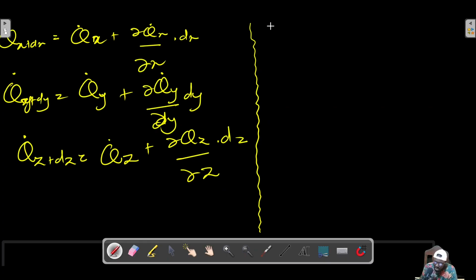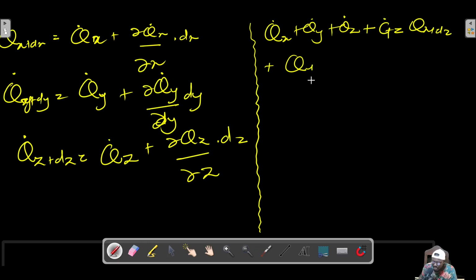It was Qx dot plus Qy dot plus Qz dot, the energy moving in, plus the energy generated within the control volume, which was G dot, is equal to the energy leaving the control volume, which was Qx plus dx plus Qy plus dy plus Qz plus dz, plus the time rate of change of thermal energy within the control volume, which is change in E dot.